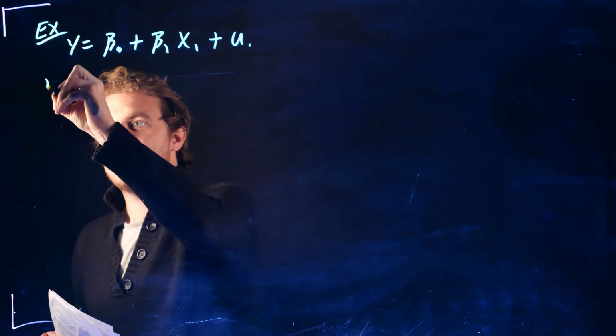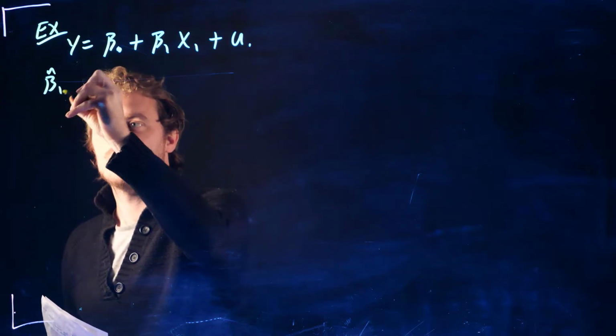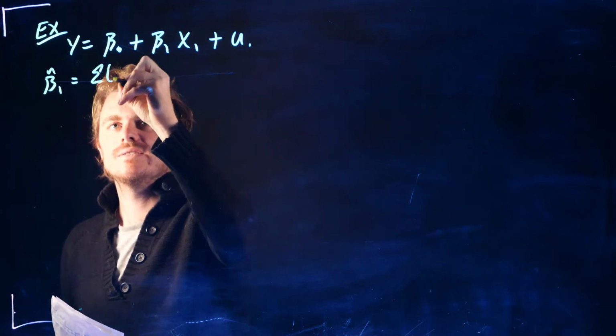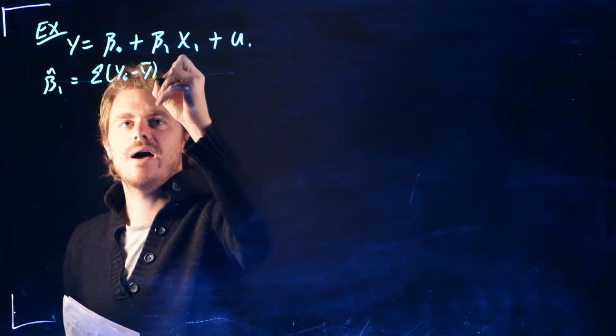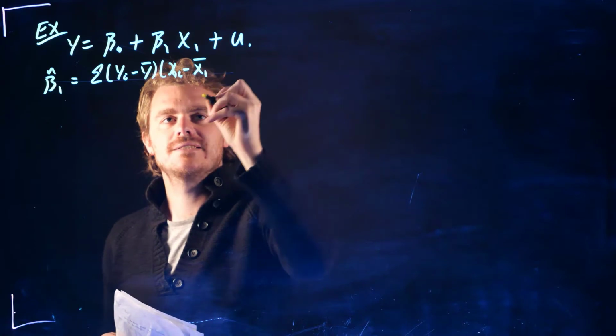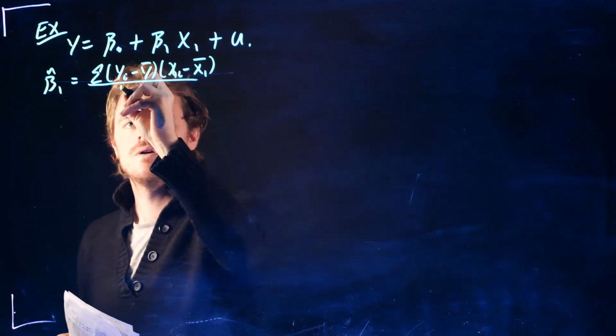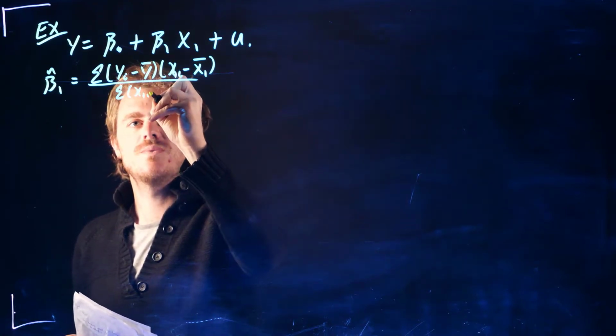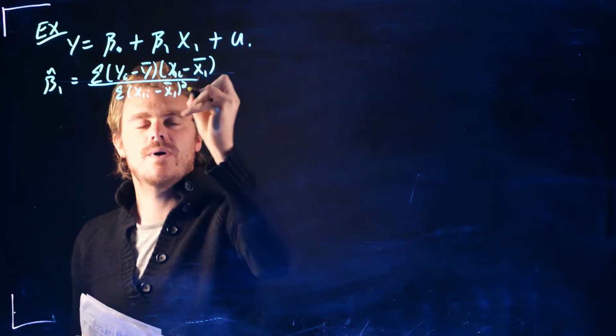If we remember our formulas, our beta hat 1 would be the sum of (yi minus y bar) times (x1i minus x1 bar), over the sum of (x1i minus x1 bar) squared.